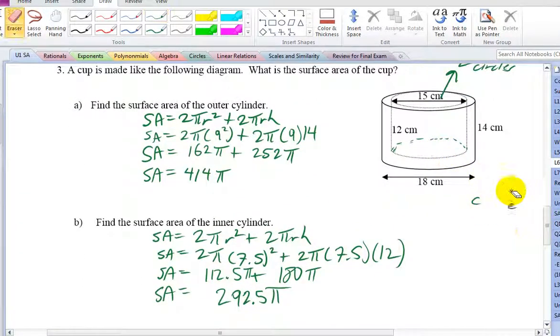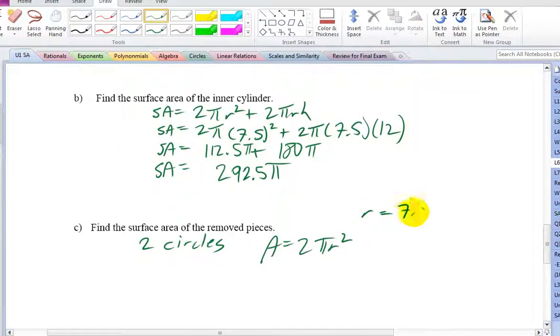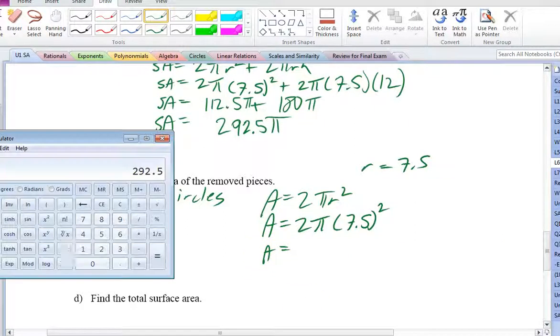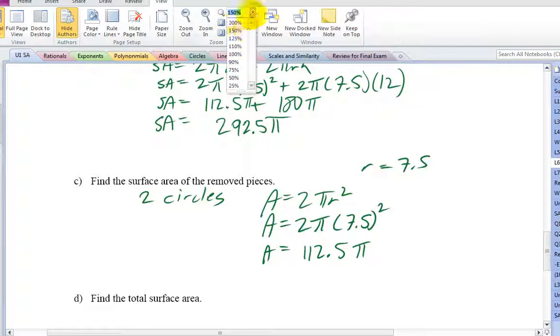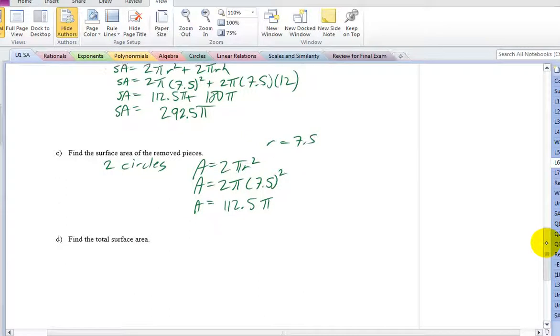So it's going to be a radius of 7.5. Okay, then find the total surface area.